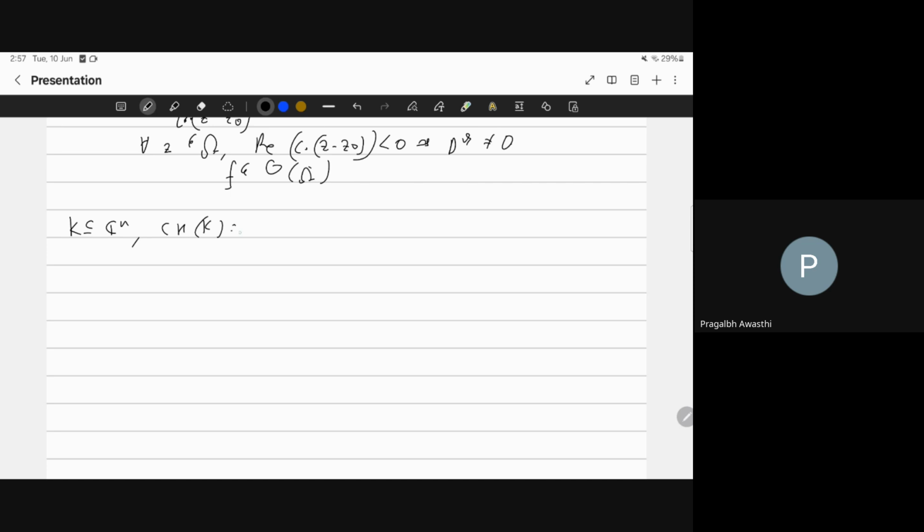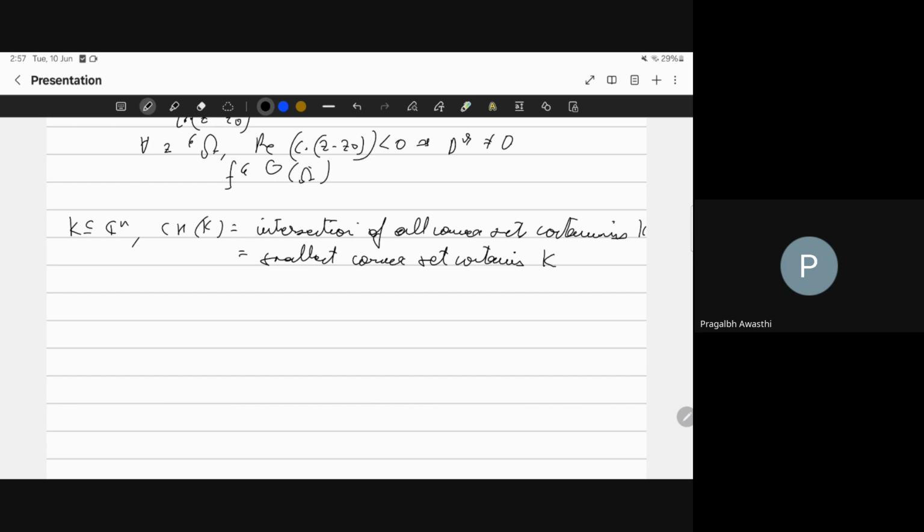Then the convex hull of K, if you recall, is the intersection of all convex sets containing K, which is basically the same as the smallest convex set containing K. And there is a result in convex geometry which tells us that for any compact subset K of Cn, the convex hull of K is the intersection of all closed half spaces containing K. But what does this mean?